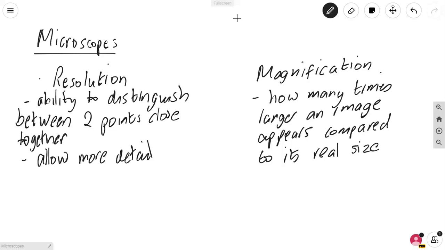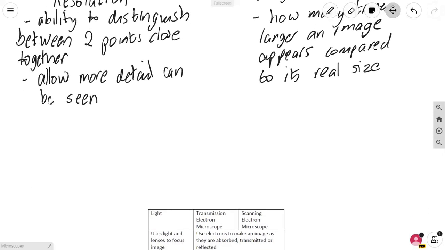So if you want to look inside a cell and look at the small organelles that make it up, you need to actually be able to see things in lots of detail. You need to have a really high resolution. So when we think about our microscopes, we need to think about those sorts of things.